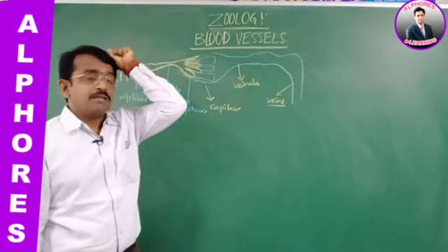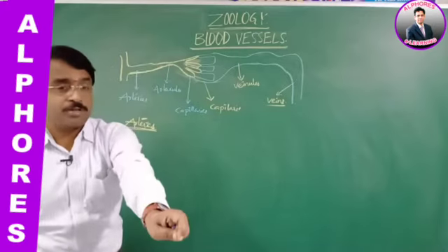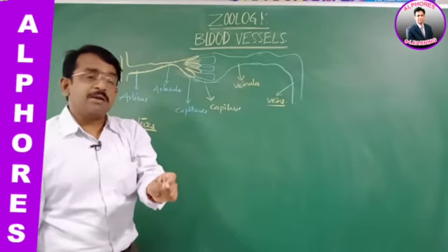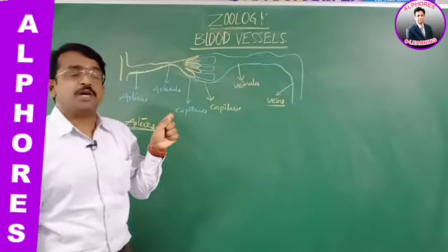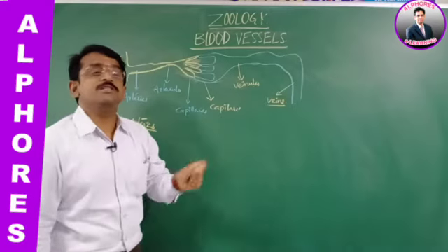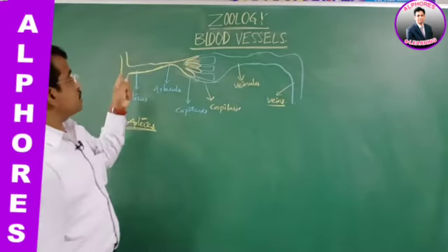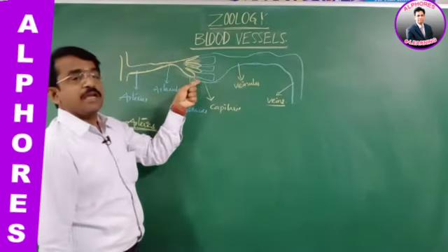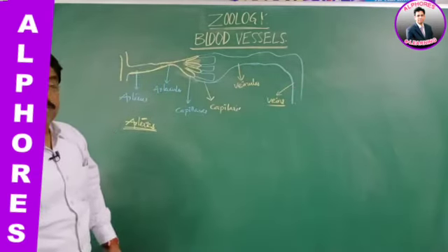So the definition of an artery is the blood vessel that carries the blood from the heart to the tissues. The veins are the blood vessels that take the blood from tissues to the heart. This is how we see the arteries and the veins. Arteries are progressively decreasing in diameter into the tissues, and veins are increasing in diameter from the tissues.